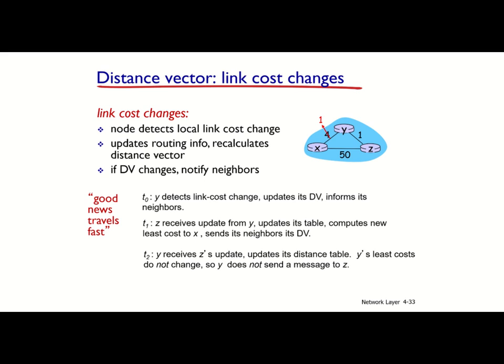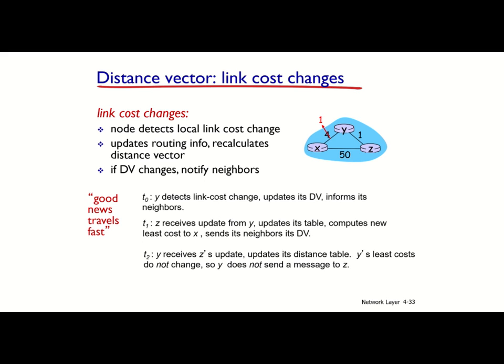As we see in this figure, the link between x and y had cost 4 initially, and it is now equal to 1, and this link cost change will propagate through the network very fast using the distance vector algorithm.